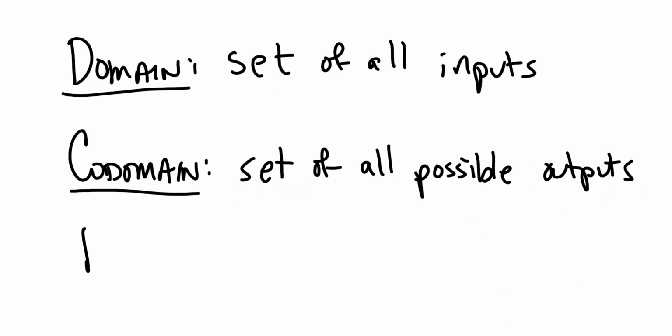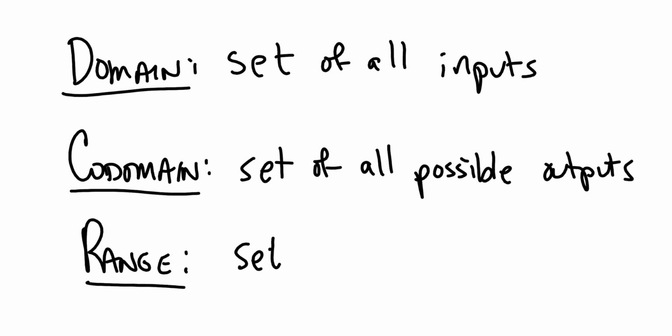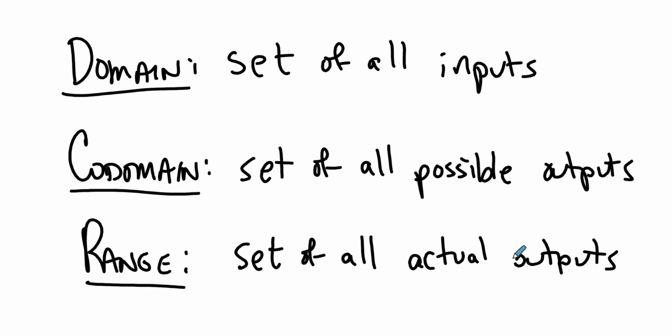But not everything always comes out of the machine. Maybe you expect that any real number could, but not every real number does. The range is the set of all actual outputs. So the range is a subset of the codomain, but it is not always the codomain.